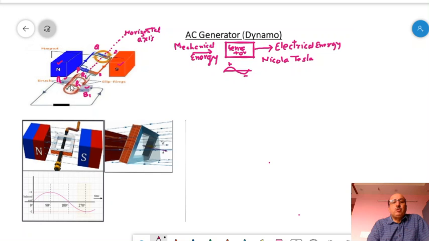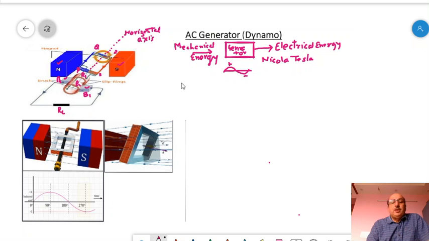So these two are static devices. These carbon brushes are attached to the load, from where we can get the alternating EMF.